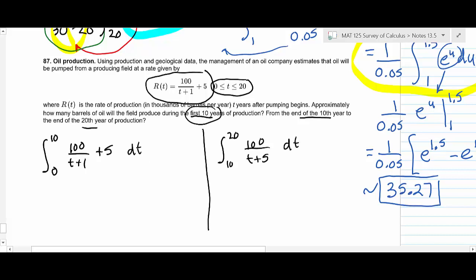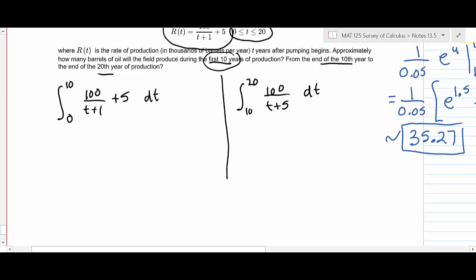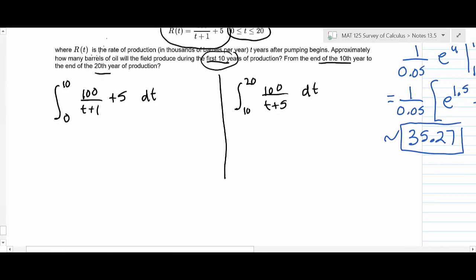These are really things that you could do without U substitution if you were careful about it, or you could do it with U substitution. I'm going to do U sub because that's what you guys need help with, I can tell still. So here's what I'm going to do.